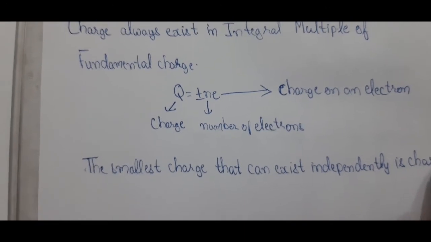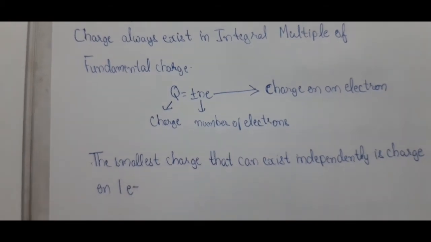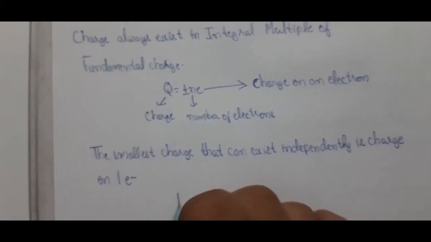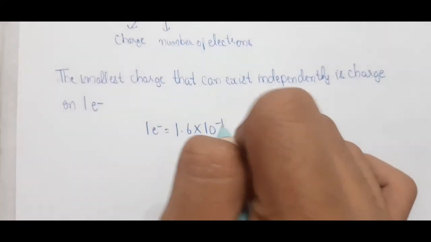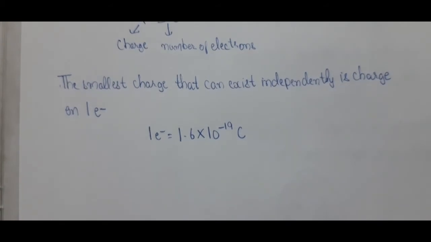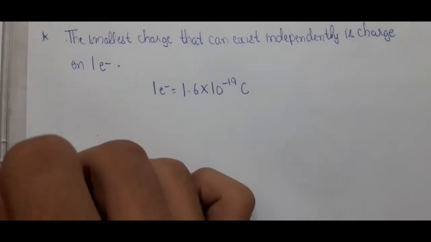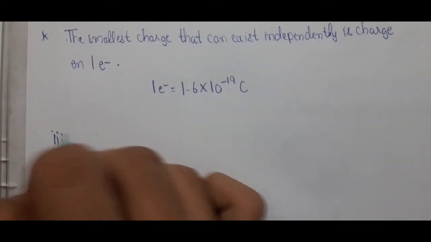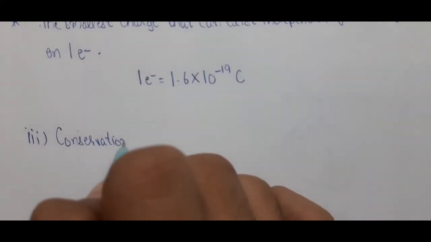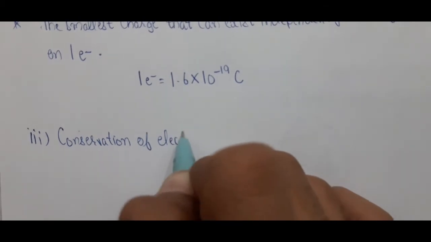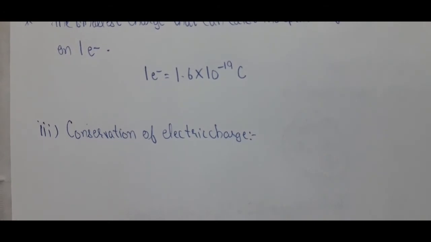The charge on one electron is 1.6 into 10 raised to the power minus 19 coulomb. So this is the charge on one electron. The third property is conservation of electric charge.